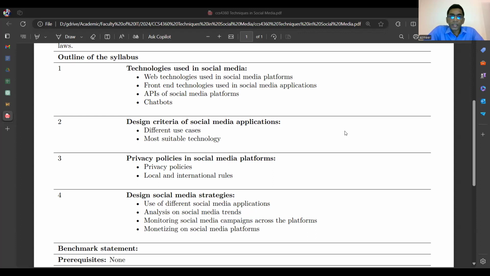So we will try to see how much we can get from the publicly available information about how these social media systems are designed. Now, generally speaking, there are 2 aspects of that. There is a back-end technology, then there is also front-end technology. Most of the time, they are 2 different things. So front-end, we have things like Vue, we have React, we have a few other things coming up.